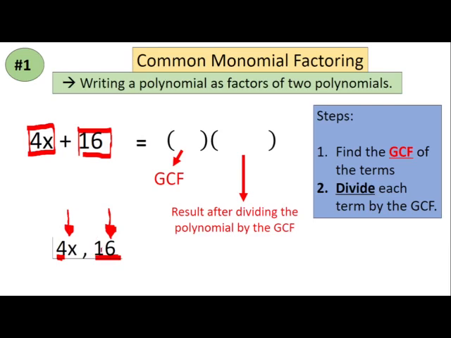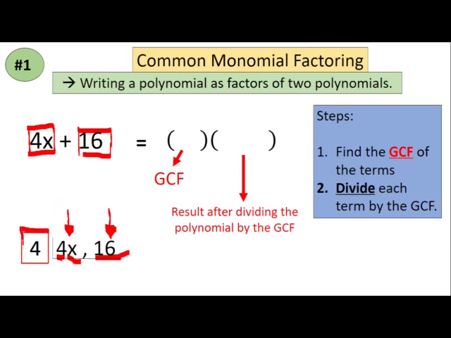Meron, di ba? Yung pinakamalaki na, ano siya? 4. Next, kailangan din nating i-check. Meron bang variable na pareho mong makikita sa dalawang expression mo dito? Kung wala, yun na yun, yung GCF mo. Pero kung meron, of course, I will let you know how to do it in our next examples.